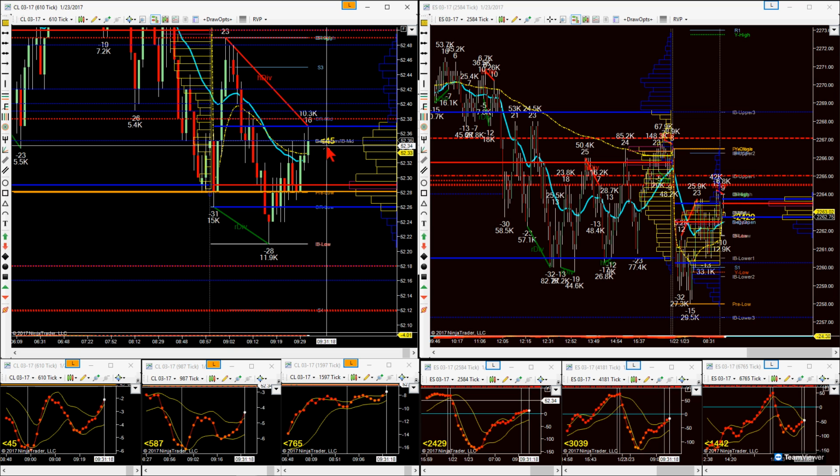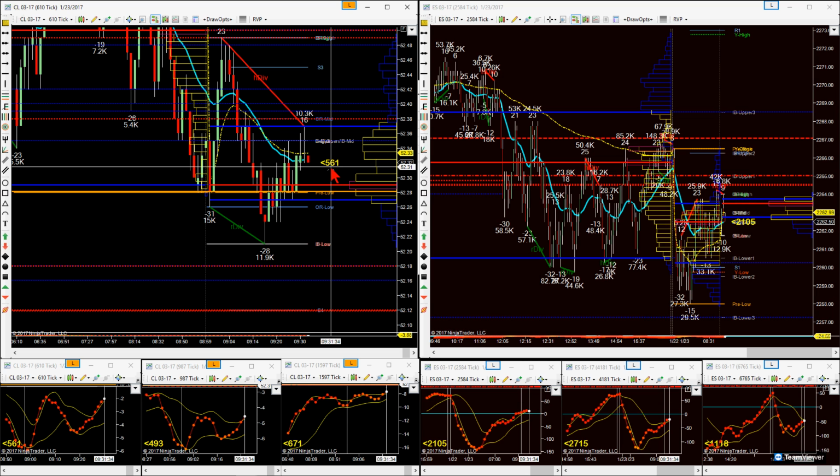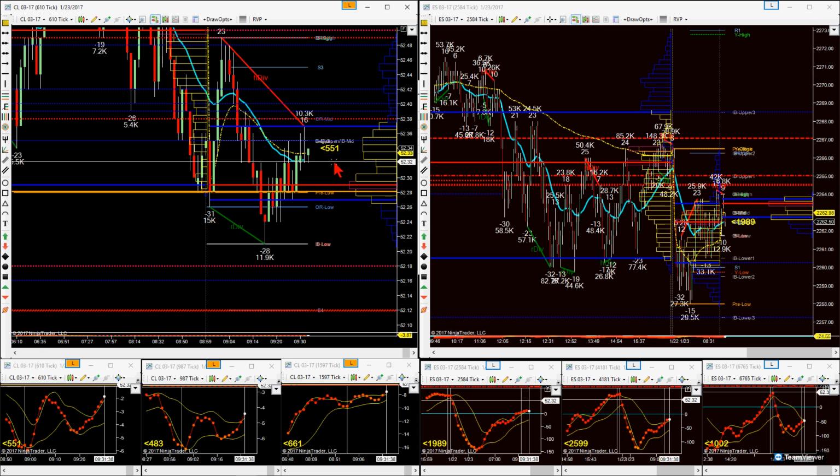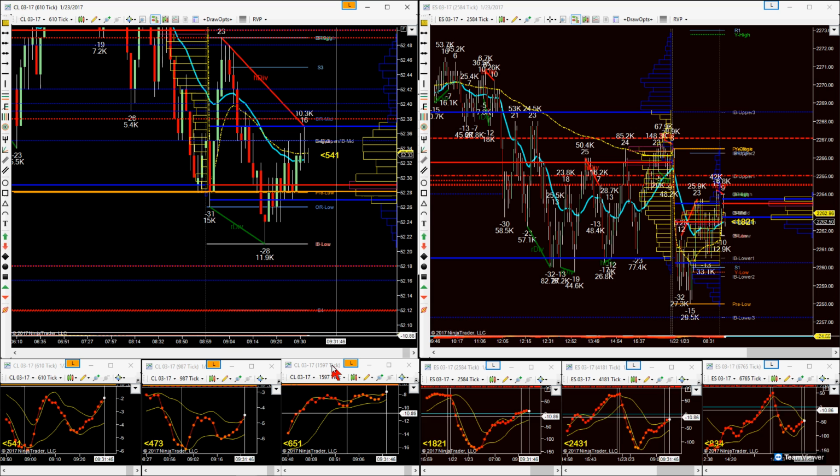$9.30 just kind of came and went. We did come outside of this channel again, but we didn't get much in the way of trade. And look how strong that 610 BB looks here at the bottom left of the screen.